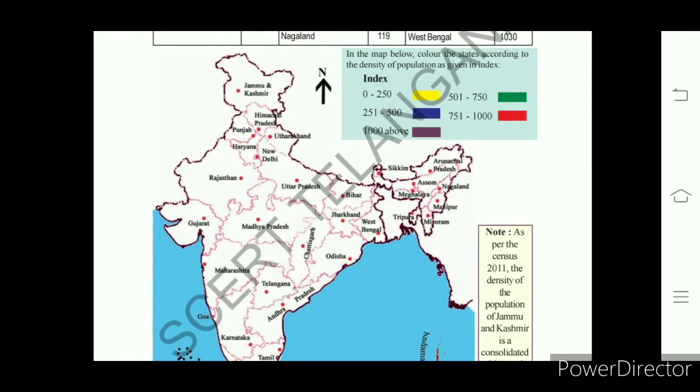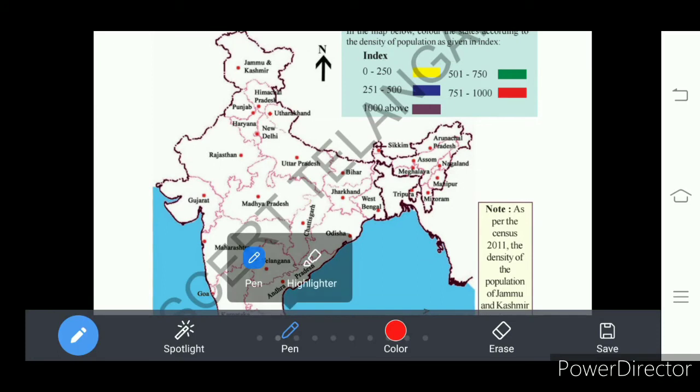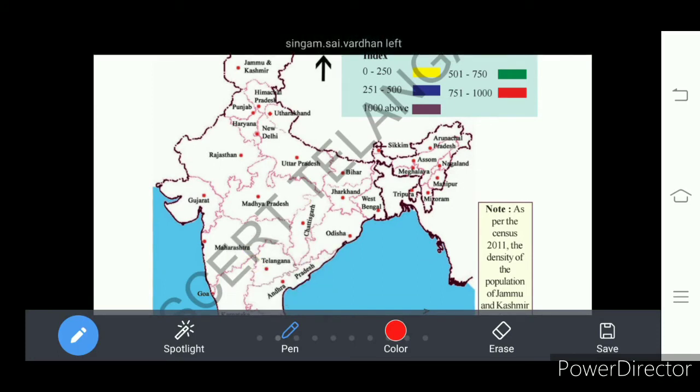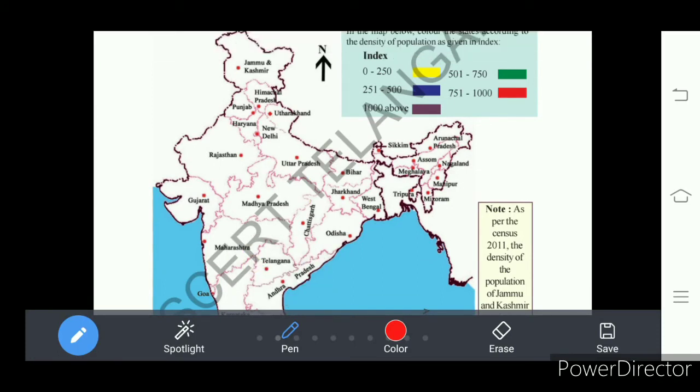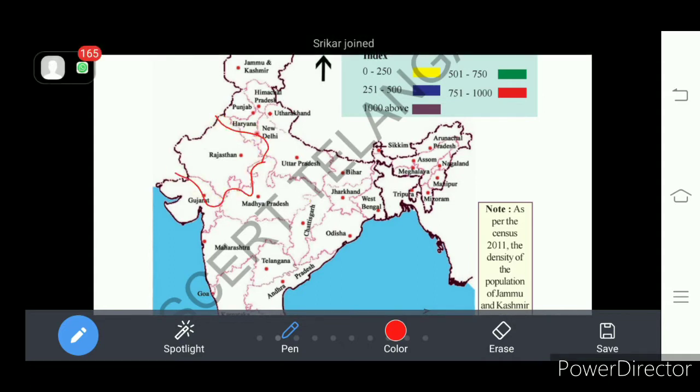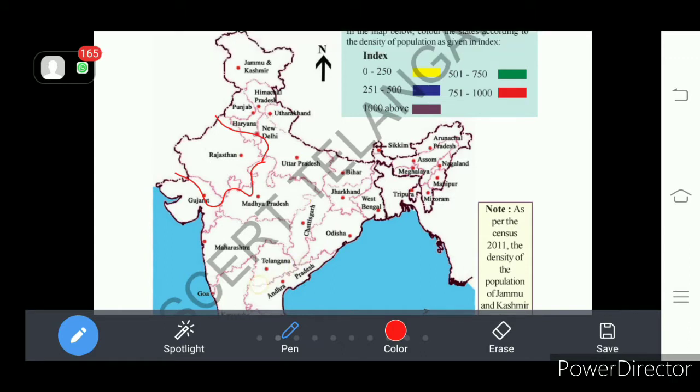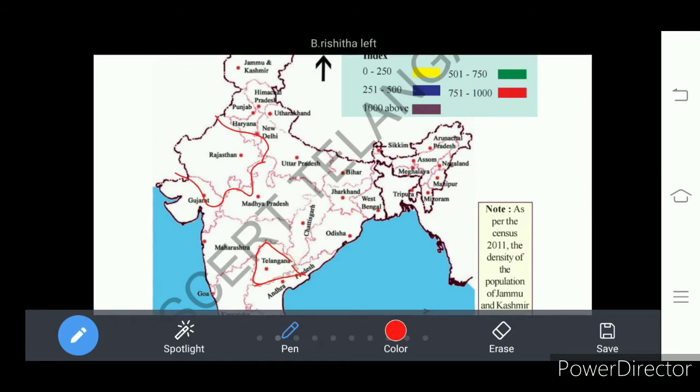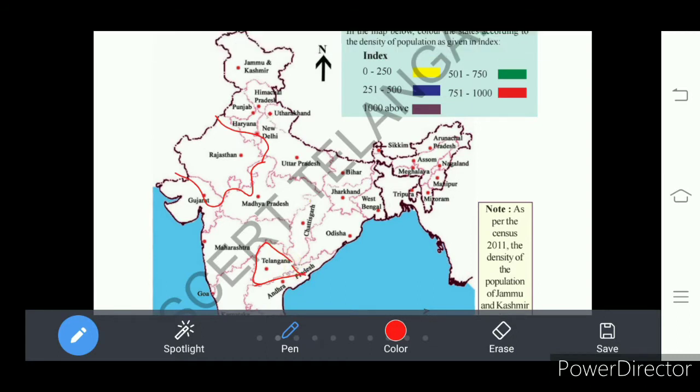What do you see here? Here we see India political map in which states and their boundaries are shown. This is the boundary of Rajasthan, and it is our Telangana boundary, right? So a map showing the state's boundaries is called political map.